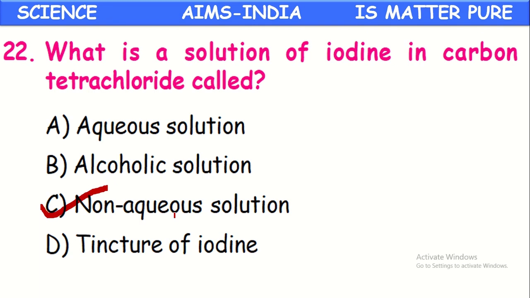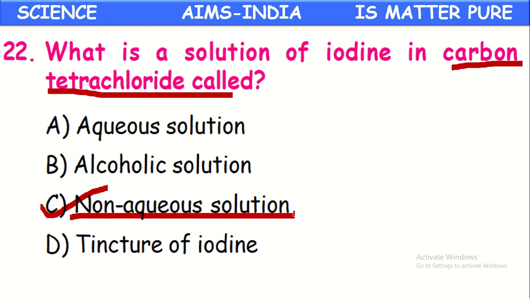Aqueous solution means the solution in which water is the solvent. But in this, carbon tetrachloride is the solvent. Water is not the solvent. Now we can say it is a solution without water. That is simply called a non-aqueous solution, meaning the solution without water. Okay. Next.